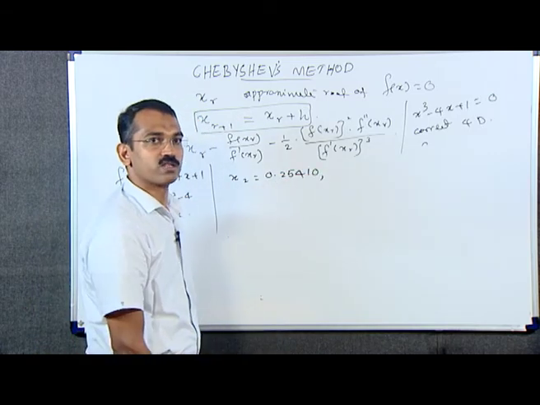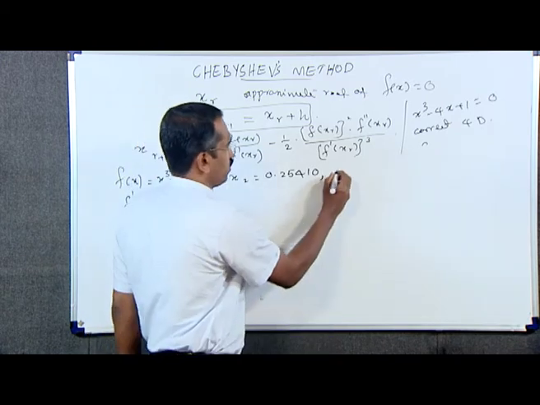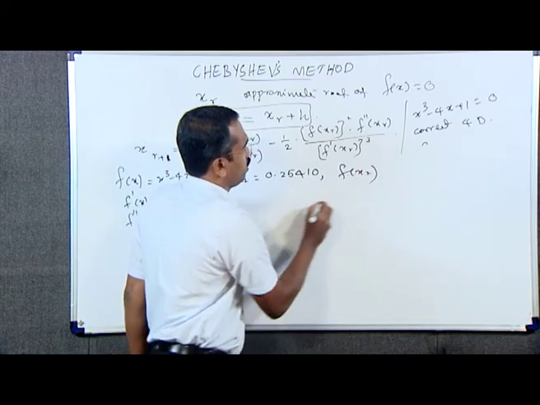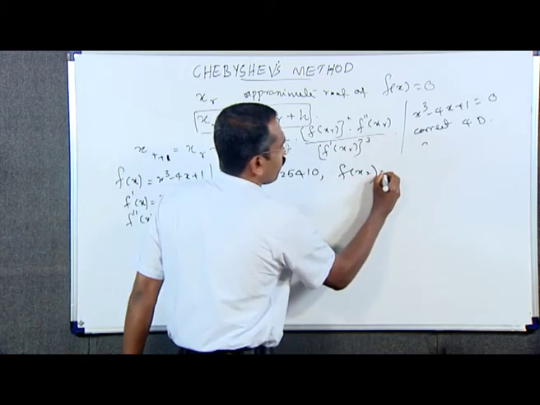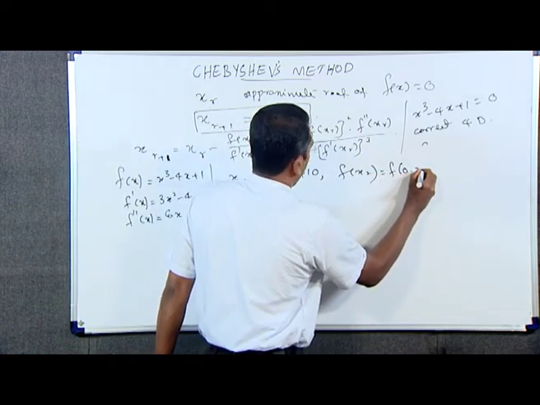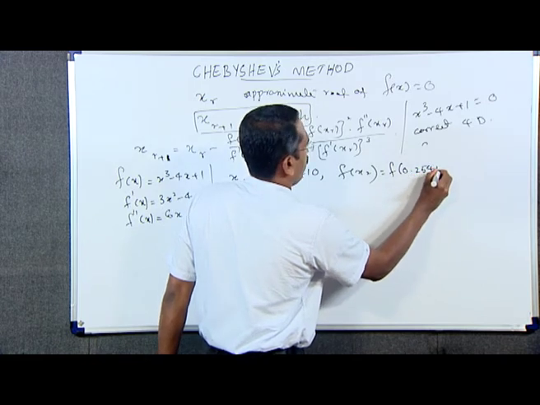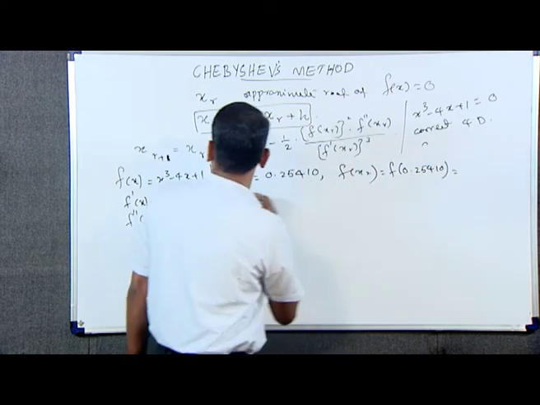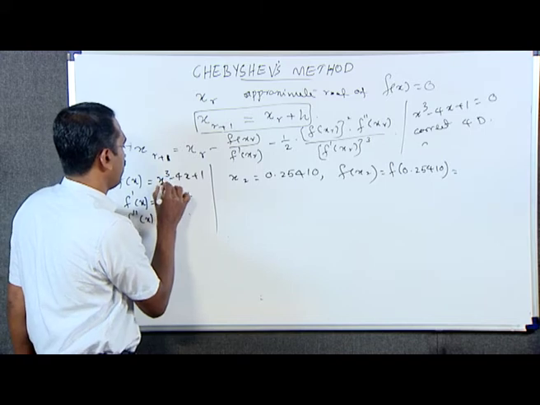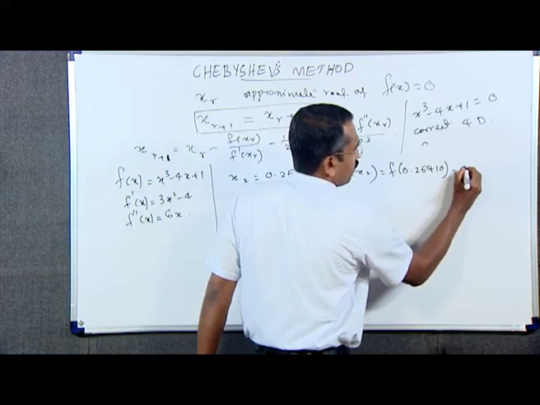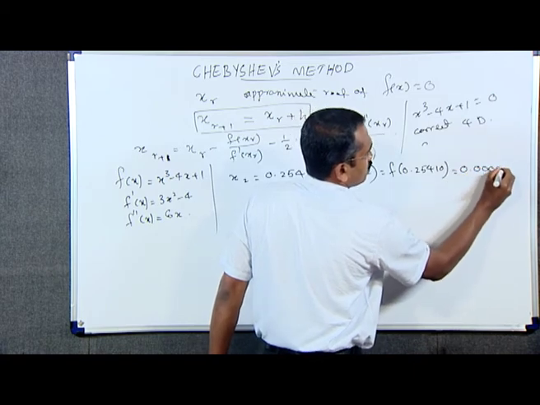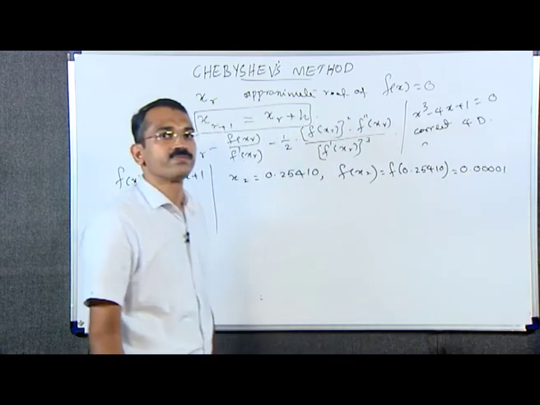then f of x2, which is equal to f of 0.25410, from this expression, it will be 0.00001.